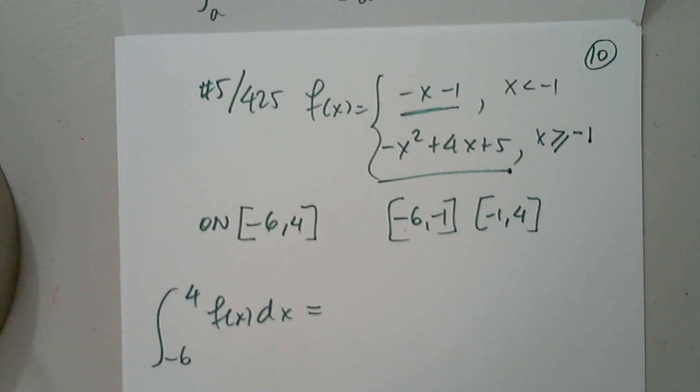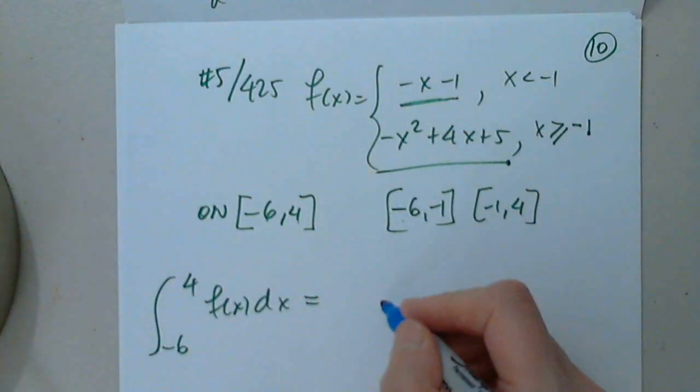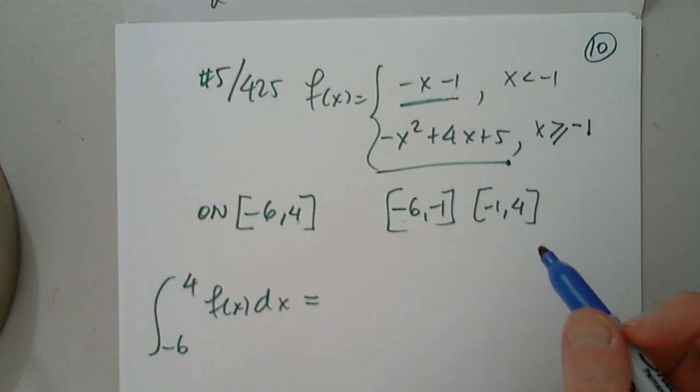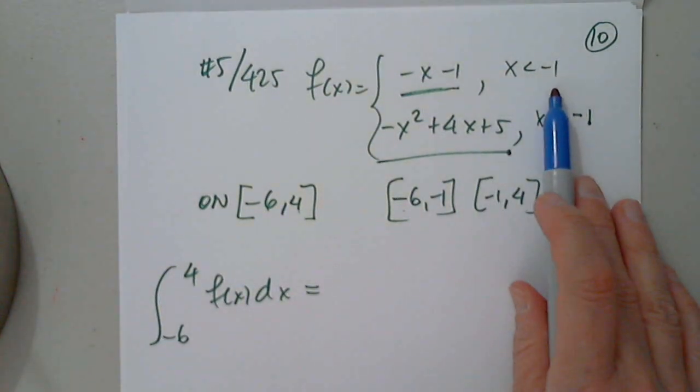How do I write it? Any suggestions? Anyone? So we have to break it up at negative 1.